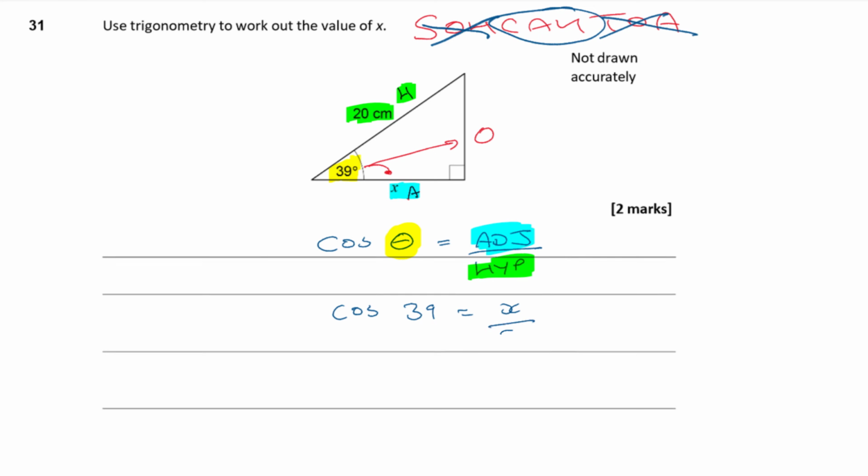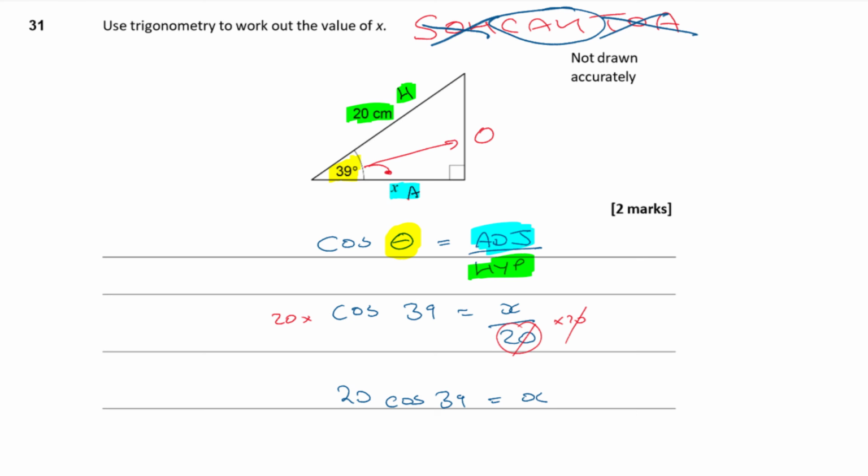That is equal to 20. So I get cos 39 equals x over 20. Now I'm trying to find x. So I want to get rid of this 20 down here, so I get x by itself. And I can do that by multiplying both sides by 20, can't I? Because they'll cancel on that side. And I'll end up with 20 cos 39 is equal to x.